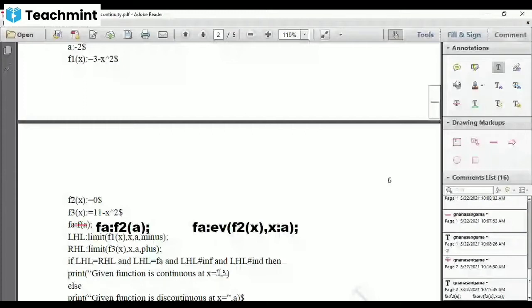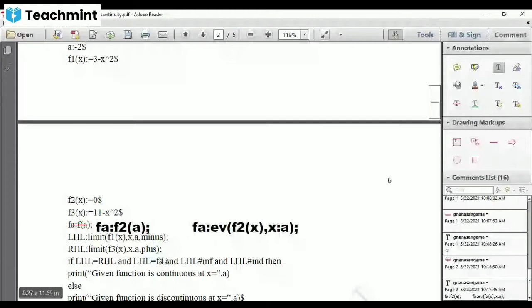Then after this double apostrophe, put a comma. After this double apostrophe, not within it, comma, a. So after executing this, it will display given function is continuous at x equal to, then it executes a. What is a? -2. So -2 will come. So you will get: given function is continuous at x equal to -2. That will be your output.